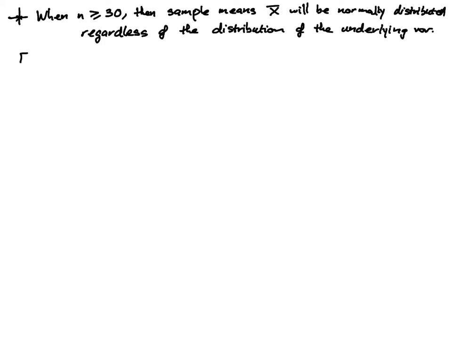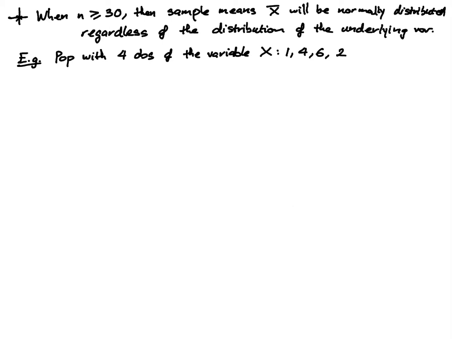So let's look at a quick example. Suppose I have a population with 4 observations of the variable x, and the 4 observations are 1, 4, 6, and 2. Okay?